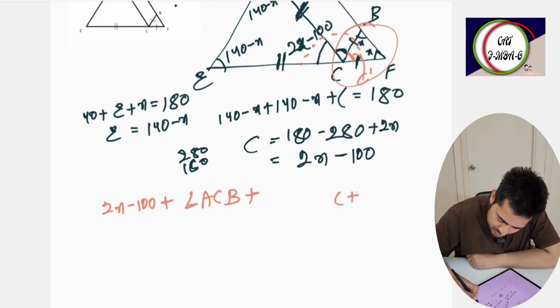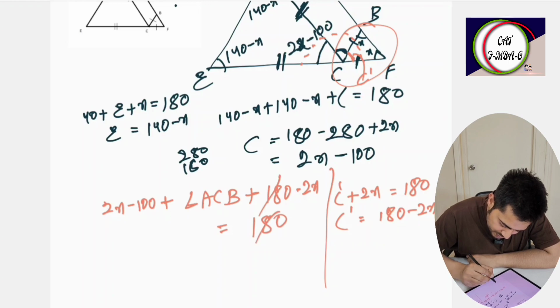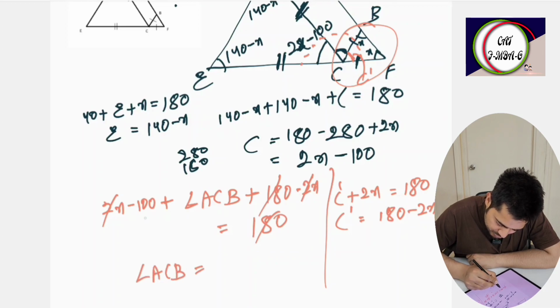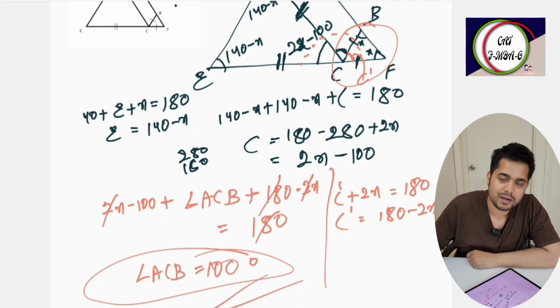So C dash plus 2x is equal to 180, so C dash is equal to 180 minus 2x. So plus 180 minus 2x is equal to 180 degrees. So 180 and 180 get cancelled and 2x gets cancelled. So angle ACB is equal to 100 on this side. This is equal to 100 degrees. So 100 degrees is the right answer.